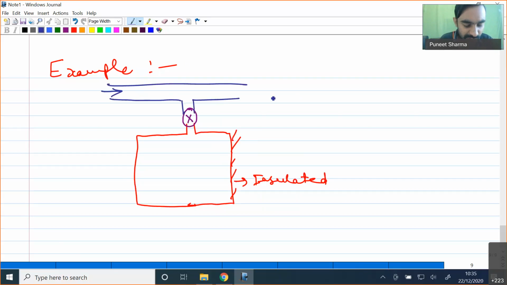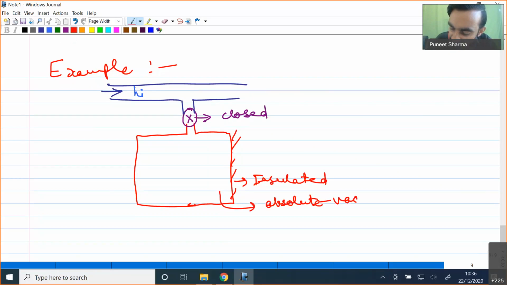So some medium is flowing inside this line, and it has some enthalpy hi. Now, if you talk about the tank, let us consider that at the initial point this valve is closed and the tank has absolute vacuum.